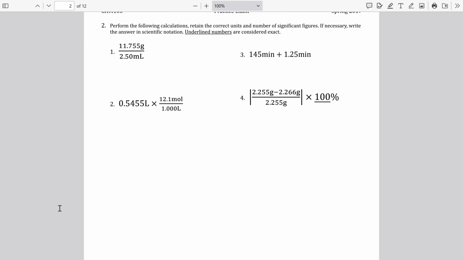So 2.255 minus 2.266 is negative 0.011 grams. Right, so subtraction, so we're keeping the same uncertainty. So we're going to 3 decimal points. And now we have division.